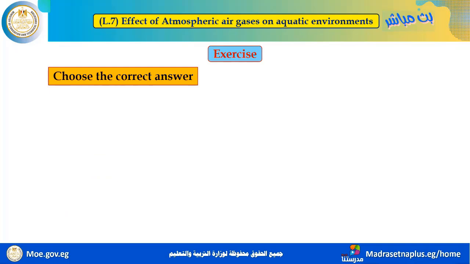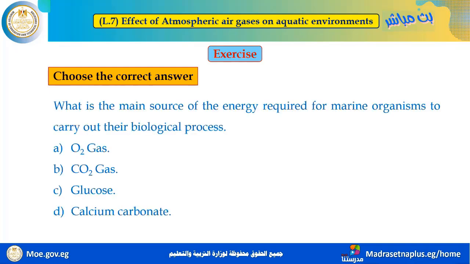Another question, we still work on multiple choice questions. What is the main source of the energy required for marine organisms to carry out their biological processes? Oxygen gas, carbon dioxide gas, glucose, calcium carbonate. Try to think. Yes, you are right.